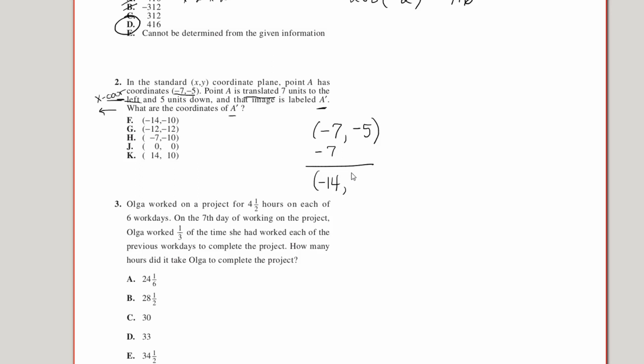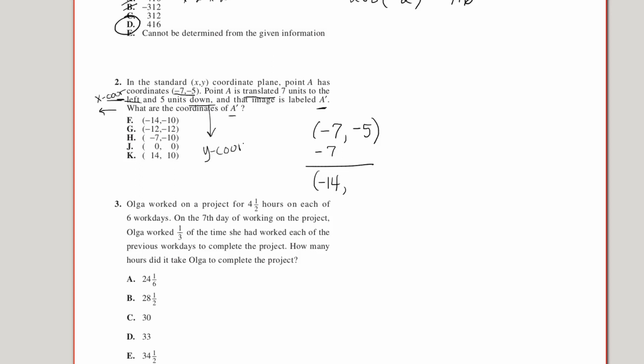Now, as you're answering questions, one strategy you need to use is glancing at the answer choices all along. As we can already see, the other translation, 5 units down, is going to be a modification to the Y coordinate.